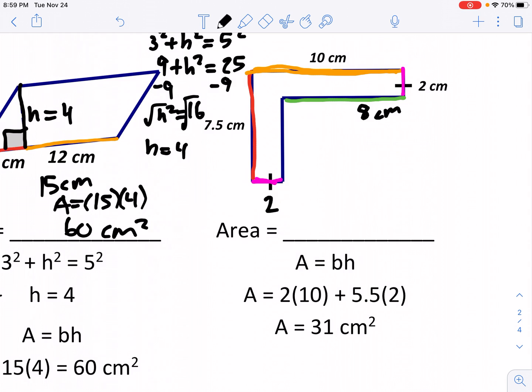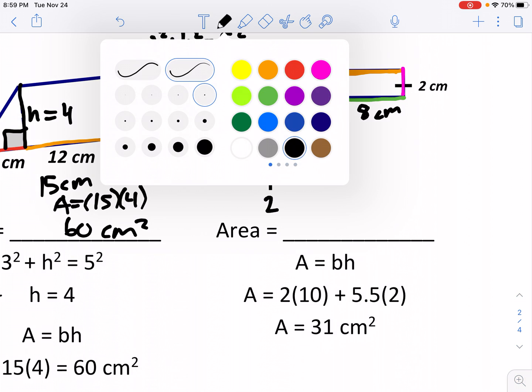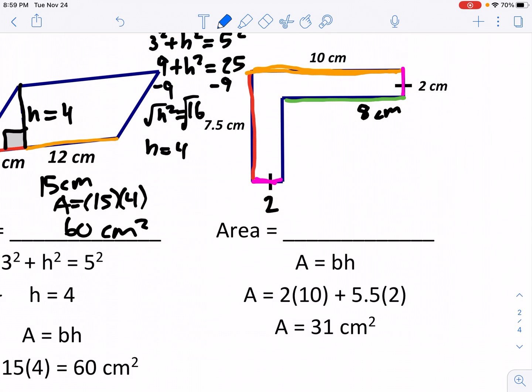Okay, so we know that guy's 8 centimeters. Now over on the other side, our red side, 7.5 centimeters. Notice, what color have I used? This guy over here is 2 less than 7.5. So wouldn't that make that 5.5 centimeters? Yeah, 7.5 minus 2. So we have 5.5 centimeters. So now we kind of have all the sides and we can start to kind of break things down.